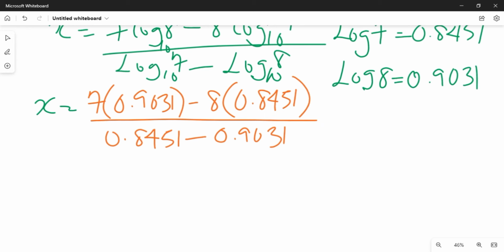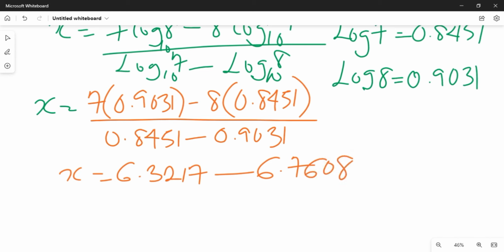So what will this give us? This will give us this multiplied by this. X will be equal to, that will give us 6.3217 minus, this will give us 6.7608 all over this 0.8451 minus this will give us a negative result because this is greater than this. So we'll have minus 0.058.